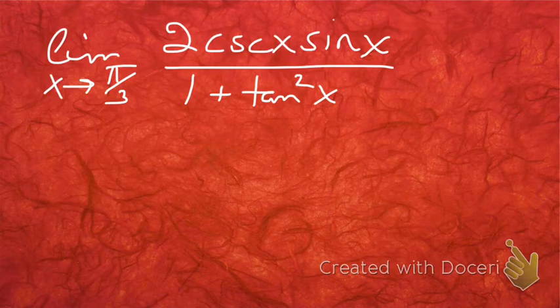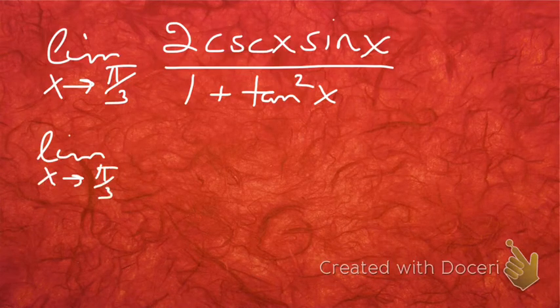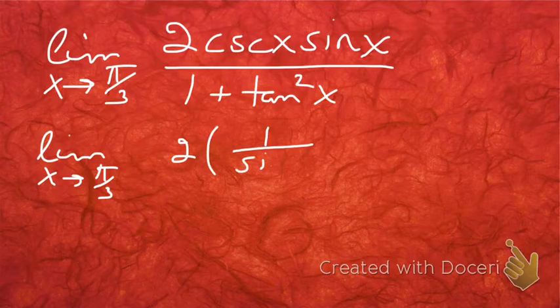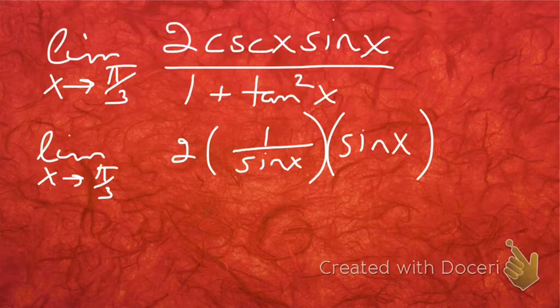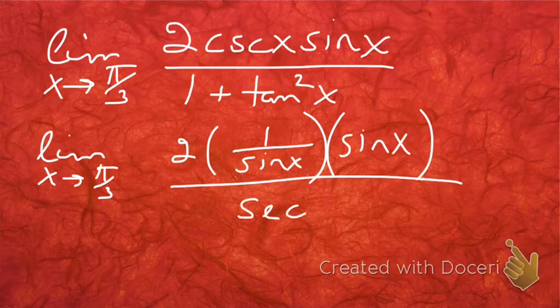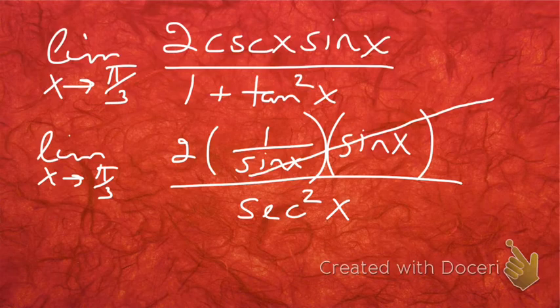After we do make those substitutions, we're looking at the limit as x approaches 1/3 of a pi of 2 times 1 divided by the sine x times the sine x, all over secant squared of that same angle. We know that cosecant and sine are reciprocals of one another, two numbers whose product is 1. We know that 1 plus the tangent squared is the same as the secant squared.